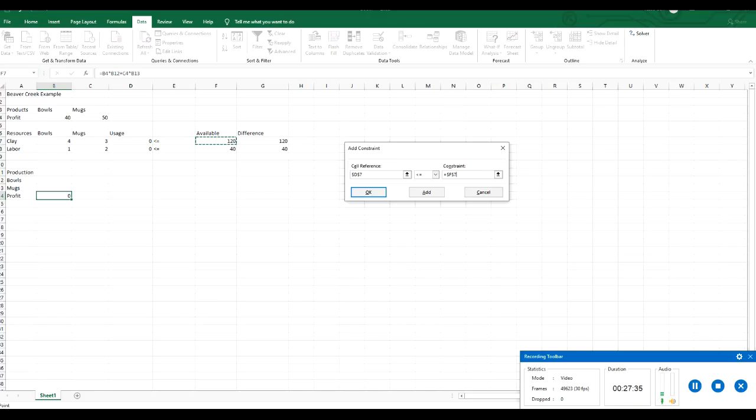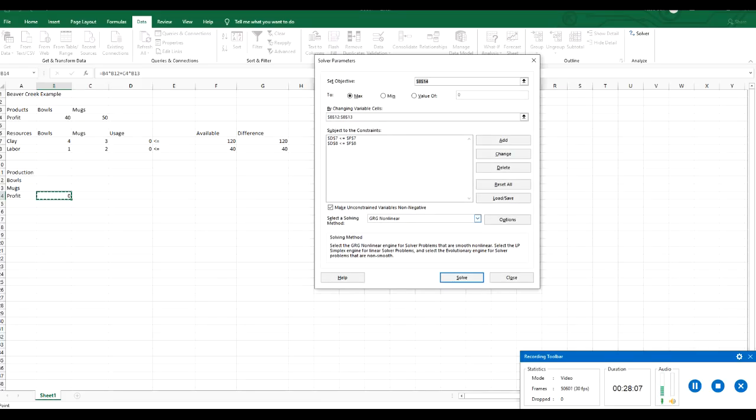If it is not, this is impossible. We cannot have a situation where we use more resources than the total that are available. So very simply, we click Add. We do that one more time. Our usage of labor must be less than or equal to, we can change that, but in this situation, less than or equal to the total available. We've entered both our constraints, so we click OK.